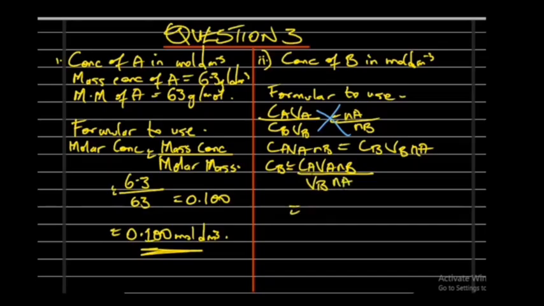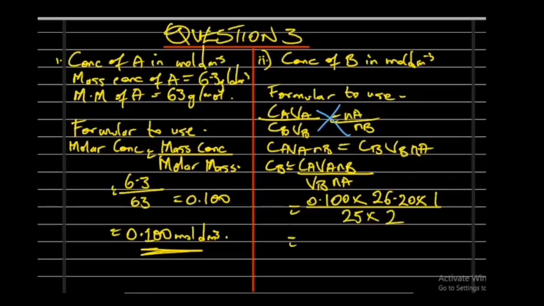So from that, we have our CA, we just calculated it to be 0.100 multiplied by the volume of acid, we said we are using, multiplied by 1, which is the number of moles of acid, as a number of moles of base, divided by the volume of base, which is 25, multiplied by number of moles of acid, which is 2.